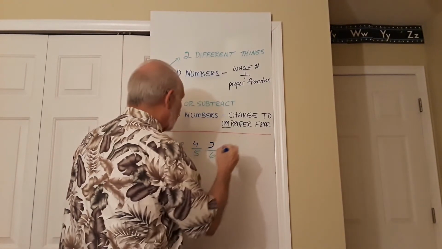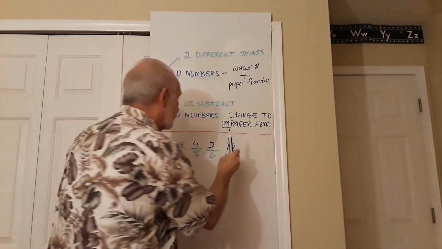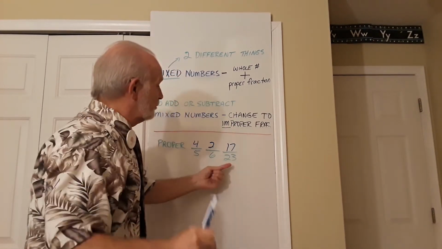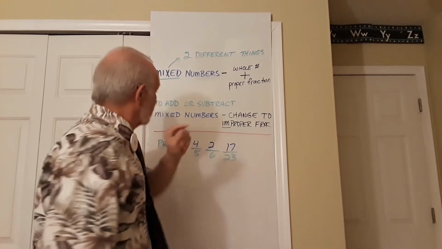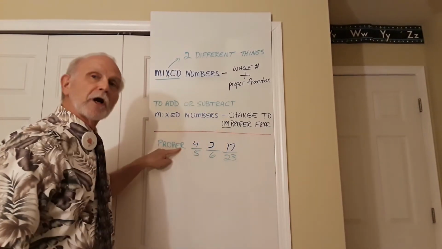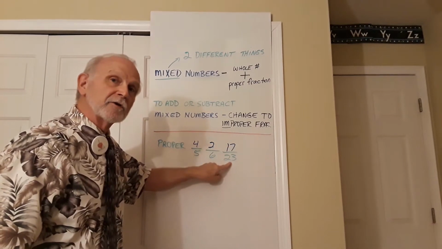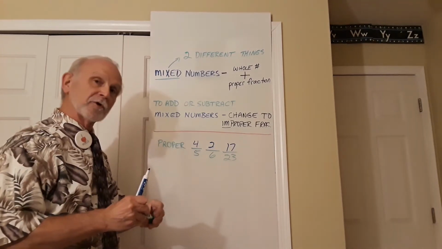We may even have, how about a wild one? How about 17 over 23? Those are two prime numbers. You can have a big, ugly fraction like this. Doesn't matter. All we're doing is defining proper. If that numerator is less than that denominator, and you know it is, that's a proper fraction. That's all we care about right now, okay?